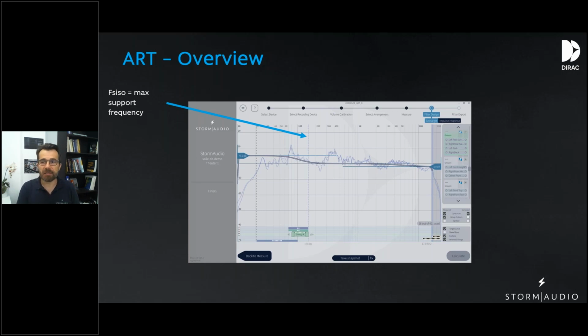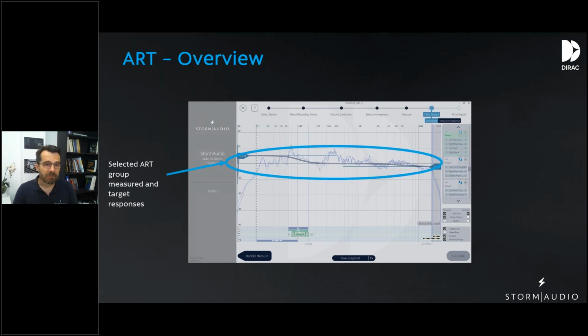This is really important, because passive treatments are usually very efficient quite easily, without going into complicated or very thick treatments. They are quite efficient down to roughly 200 Hz. So it's nice to be able to start the transition around 150 Hz.